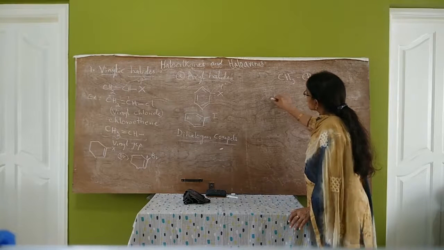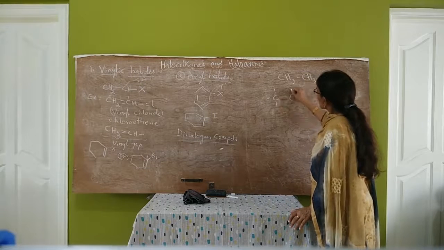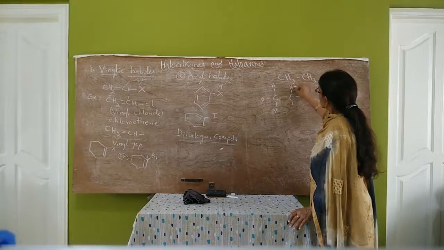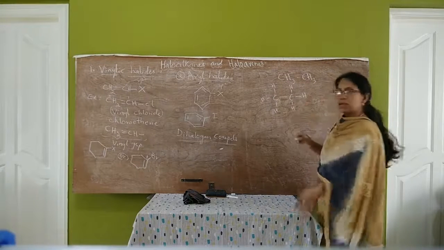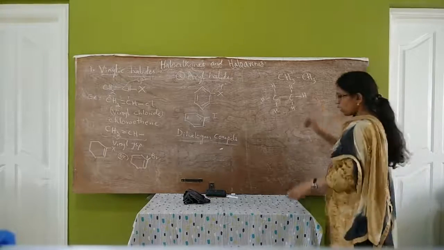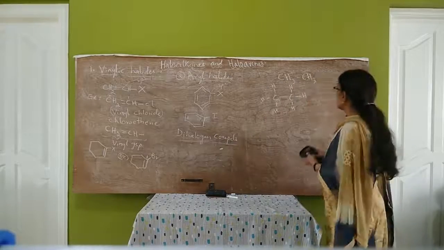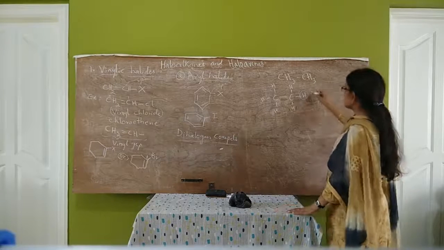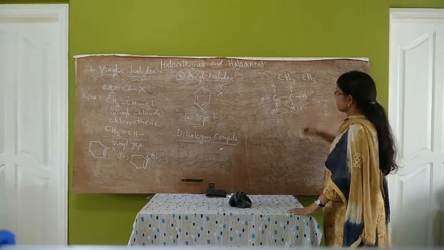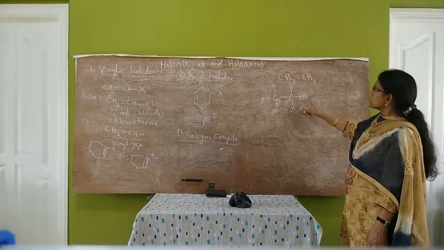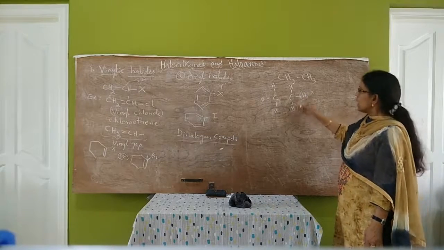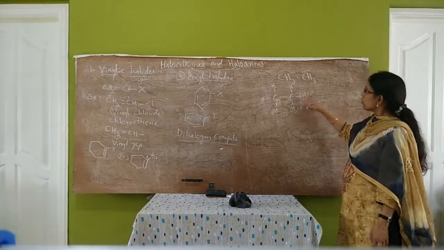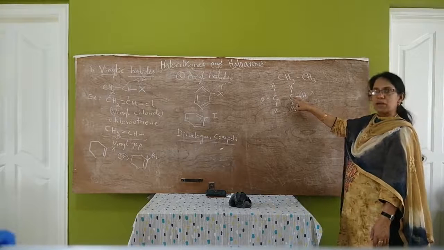We can write its structure CH3, CH3. In dihaloalkanes, two hydrogen atoms are replaced by two halogen atoms. If we replace these two hydrogen atoms, we get a dihalide. Here we have replaced both the hydrogen atoms of the same carbon.